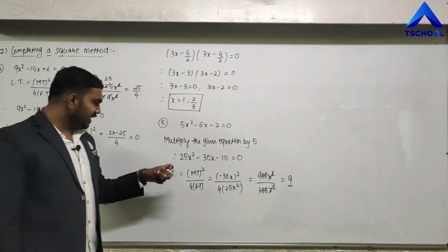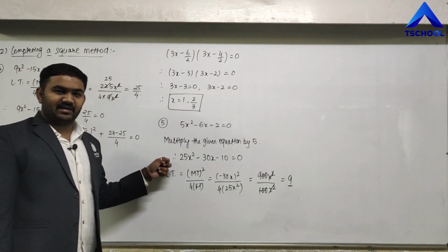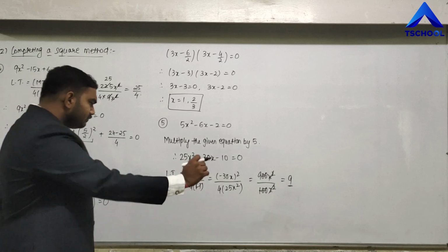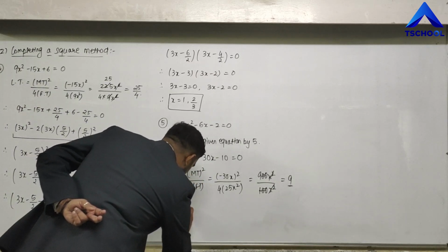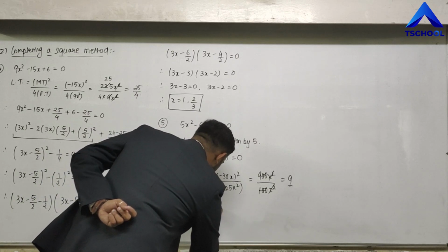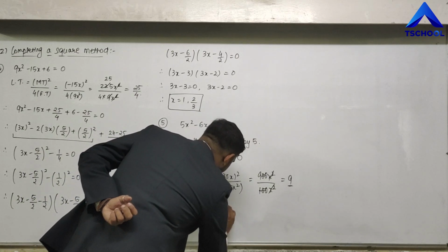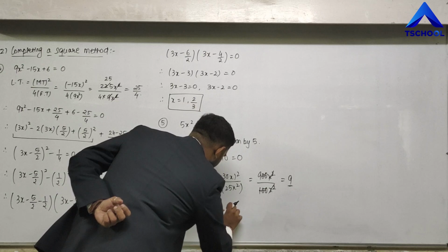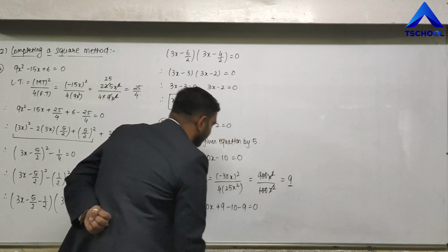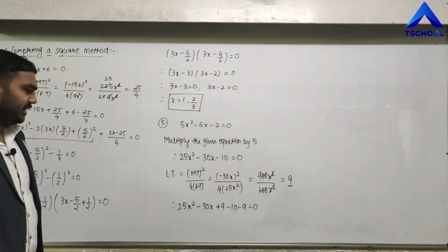Now what? Add and subtract the last term that we got here in the given equation. That means now we shall add it in this equation that we have got after multiplying by 5. Therefore 25x square minus 30x plus 9 minus 10 minus 9 is equal to 0, right?